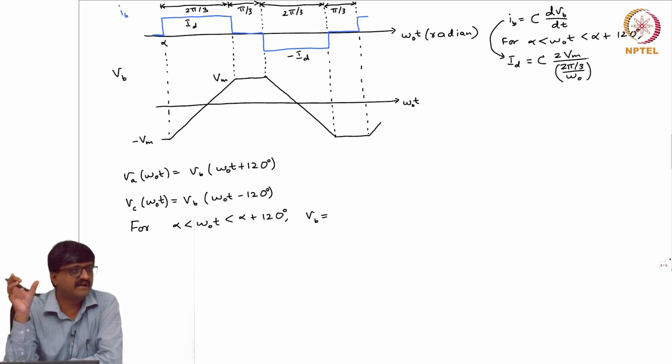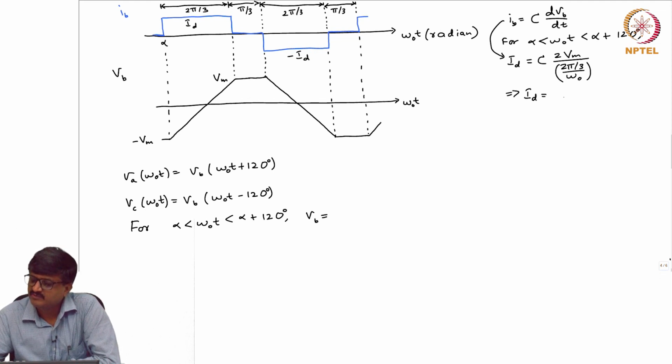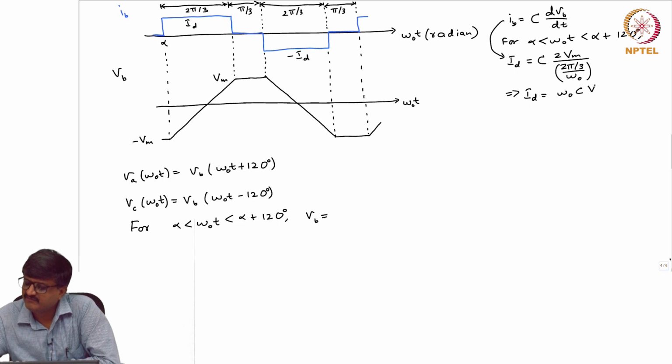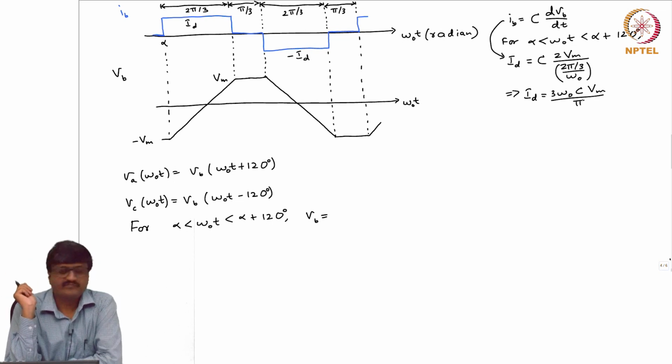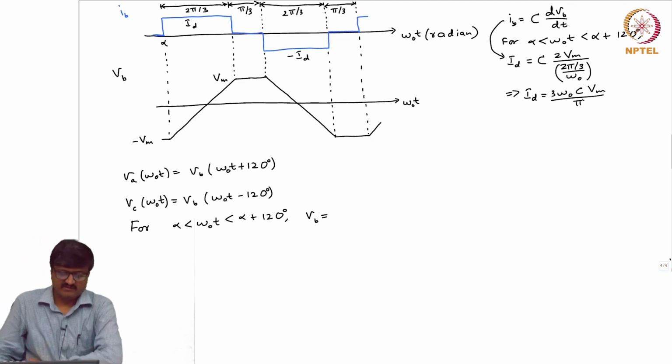So, the time is angle divided by the angular frequency. So, this actually simplifies to ID is equal to omega O C Vm into 3 divided by pi. Okay. So, I can relate ID, omega O, C and Vm.